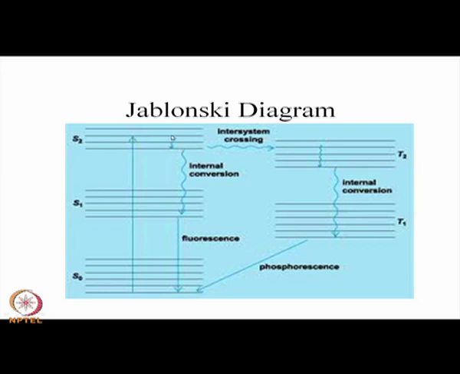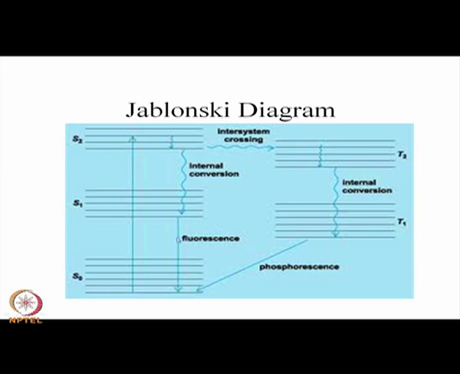Then there is vibrational relaxation giving rise to vibrationally relaxed S2. Then from S2 there is internal conversion, that is there is no change in spin state, to maybe somewhere over here, and then there is a radiative de-excitation to here, maybe here or here also there is a possibility.